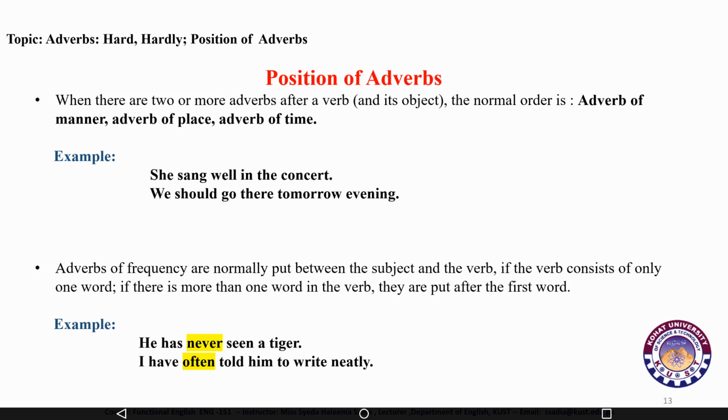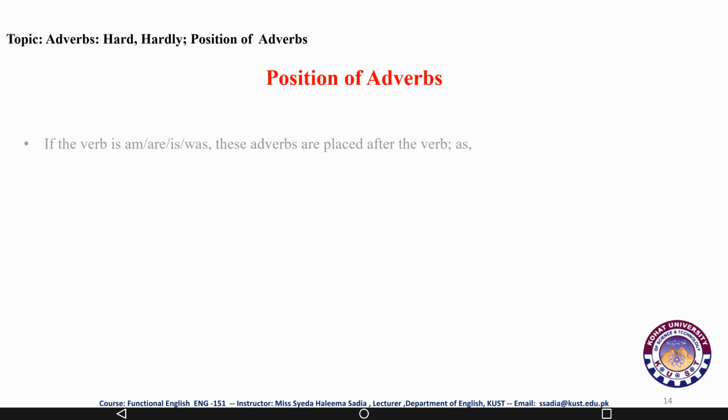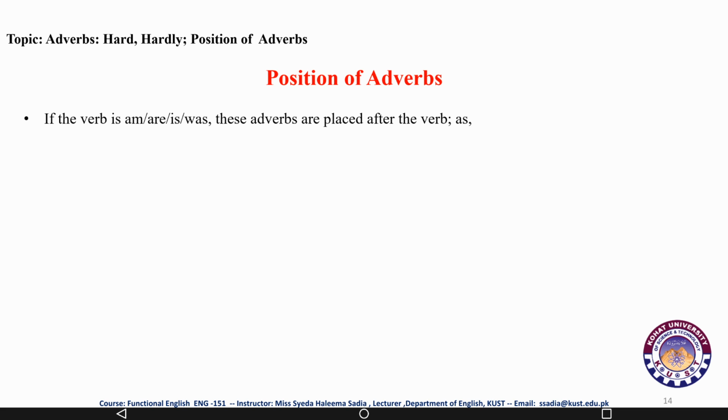So both of them are adverbs of frequency, and we can see their placement here. If the verb is am, are, is, was, these adverbs are placed after the verb, as in: I am never late for school.